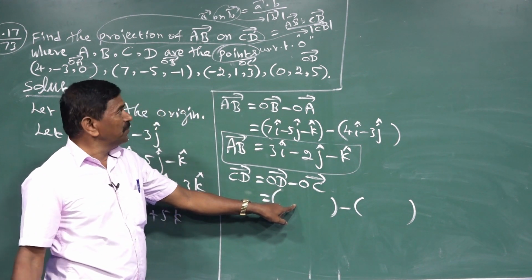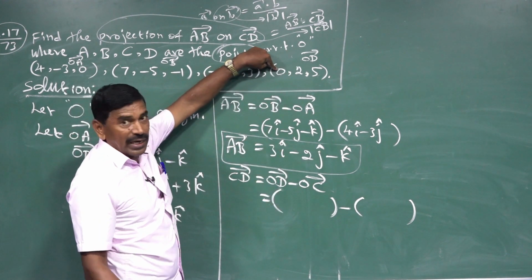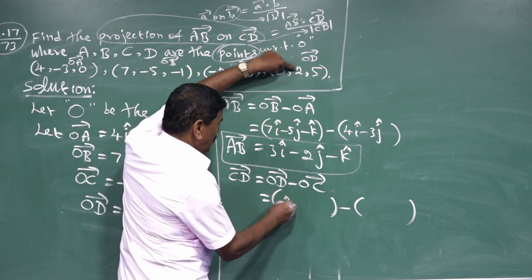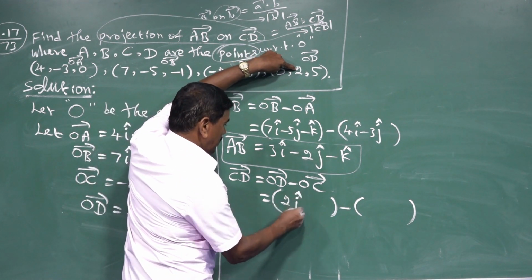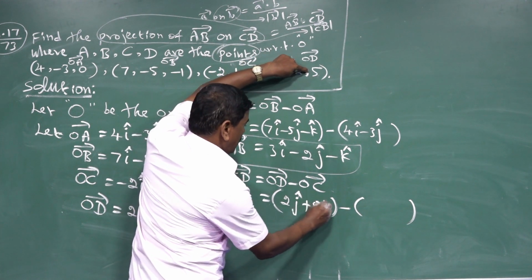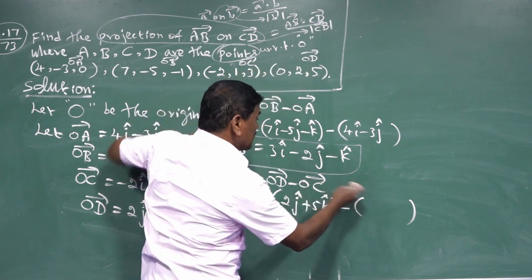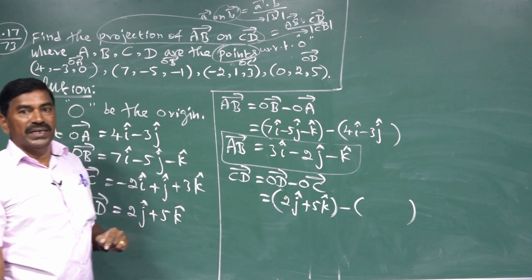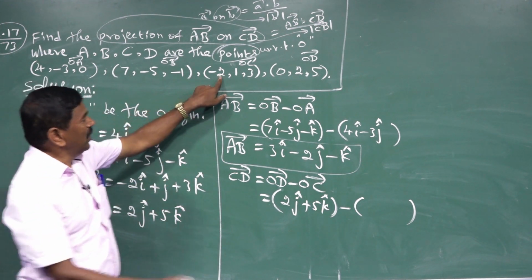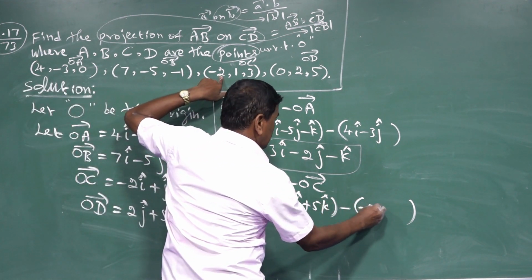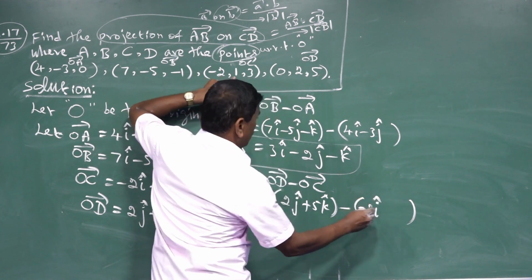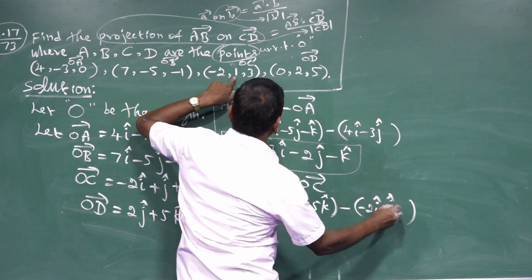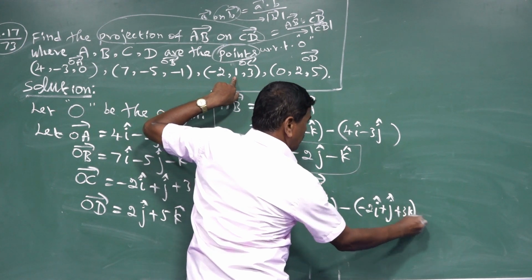The fourth point is given by 0i cap, no need, so 2j cap plus 5k cap, minus OC vector. OC vector means the third point, which is minus 2i cap plus j cap plus 3k cap.